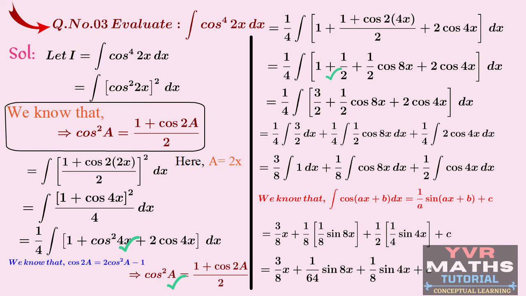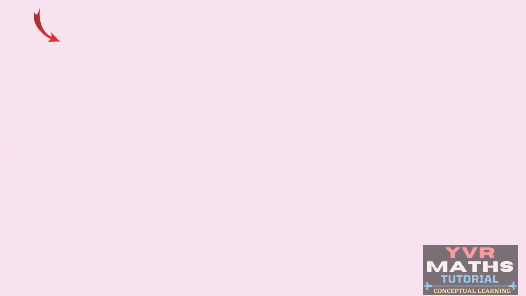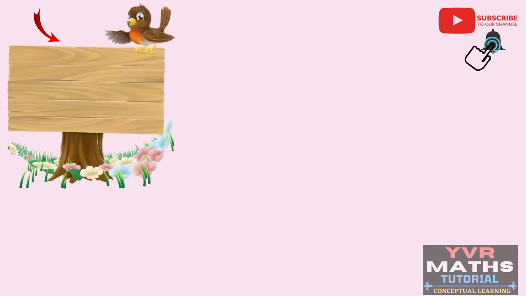So till now we discussed 3 types of questions. The first one is cos square, the second one is cos cube, and the third one is cos power 4. So we covered 3 model questions in this video.